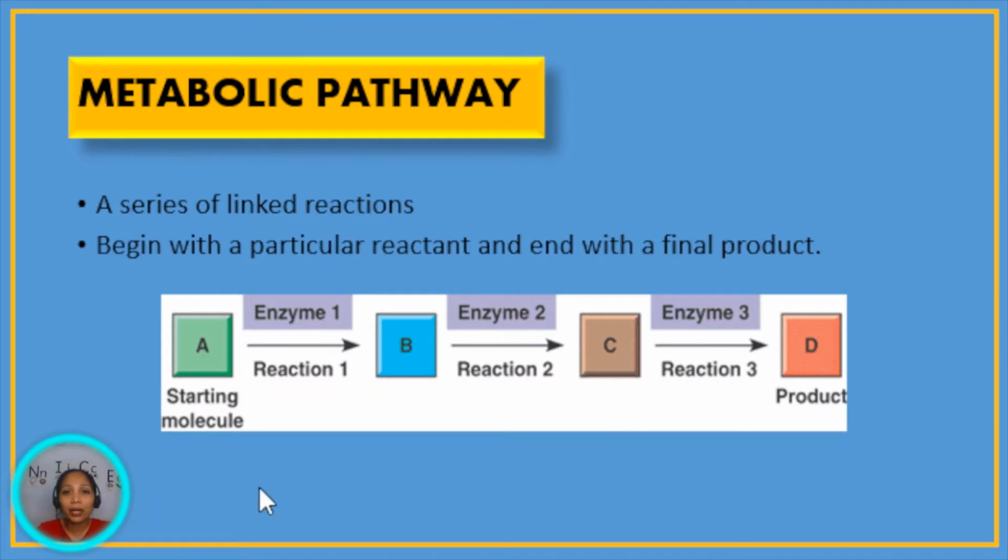This substrate binds to an enzyme, undergoing the first reaction, releasing product B. Product B becomes the substrate that will bind to an enzyme, and that will undergo reaction number 2, releasing product C. Product C becomes the substrate, binding to enzyme number 3, undergoing the third reaction, and releasing the final product D. This is what we call a metabolic pathway, a series of linked chemical reactions.